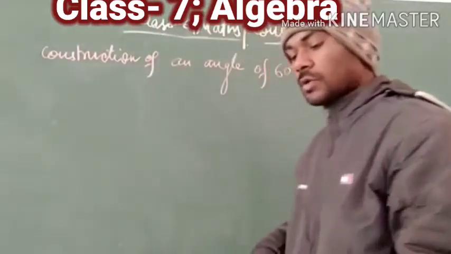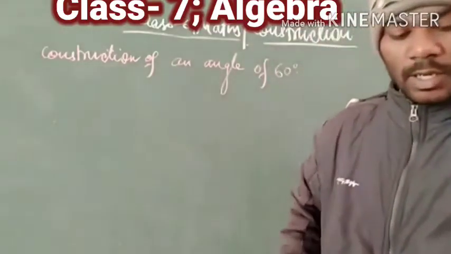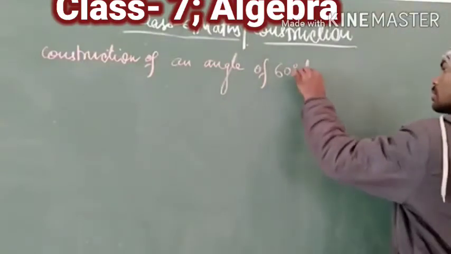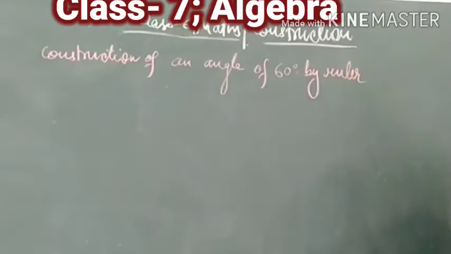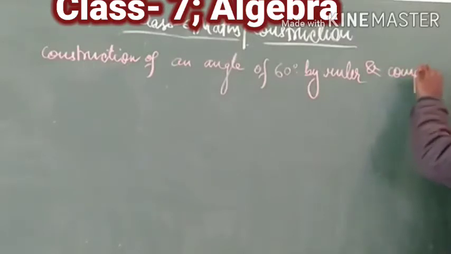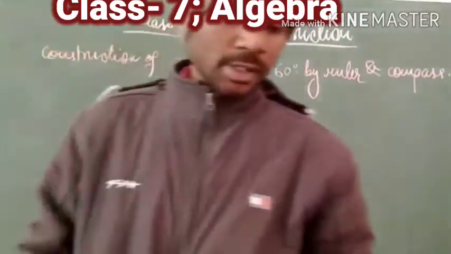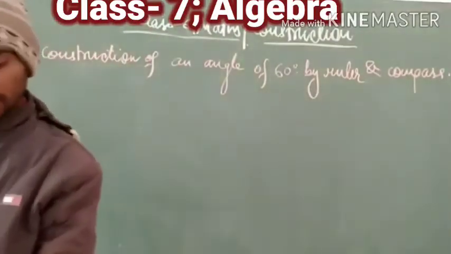Okay students, for this we need a compass and ruler. So here just add in the question by ruler and compass. Construction of an angle of 60 degree by using ruler and compass.